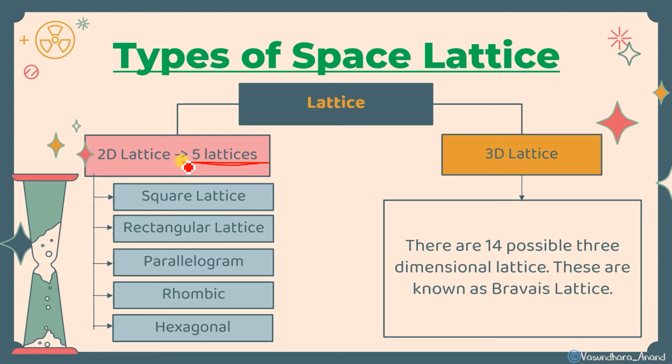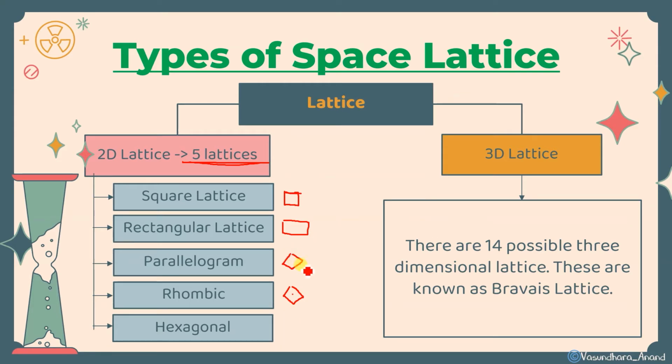The square lattice, where A and B, the lengths, are the same. The rectangular lattice, where A is not equal to B, one side is a little larger. The parallelogram lattice. Rhombic, and hexagonal. I have drawn all this, let me show you.